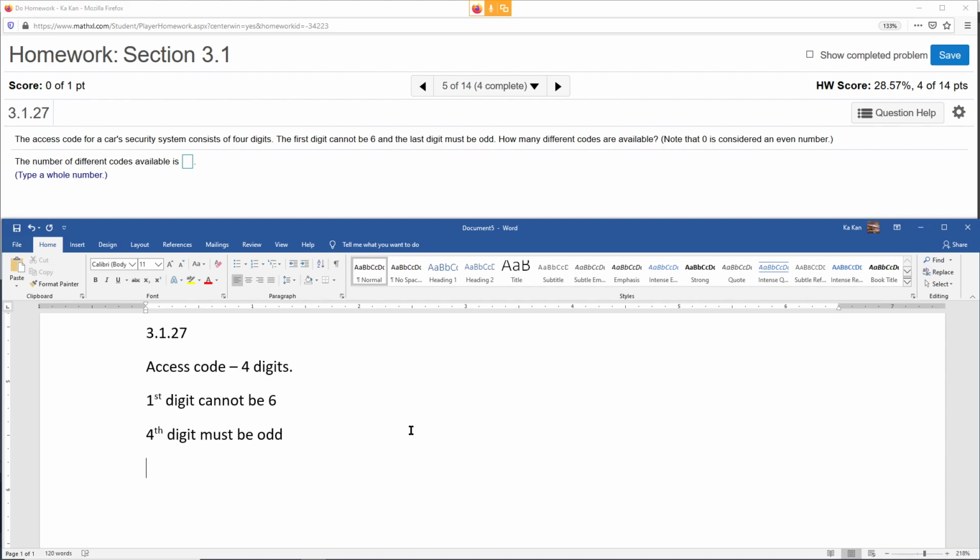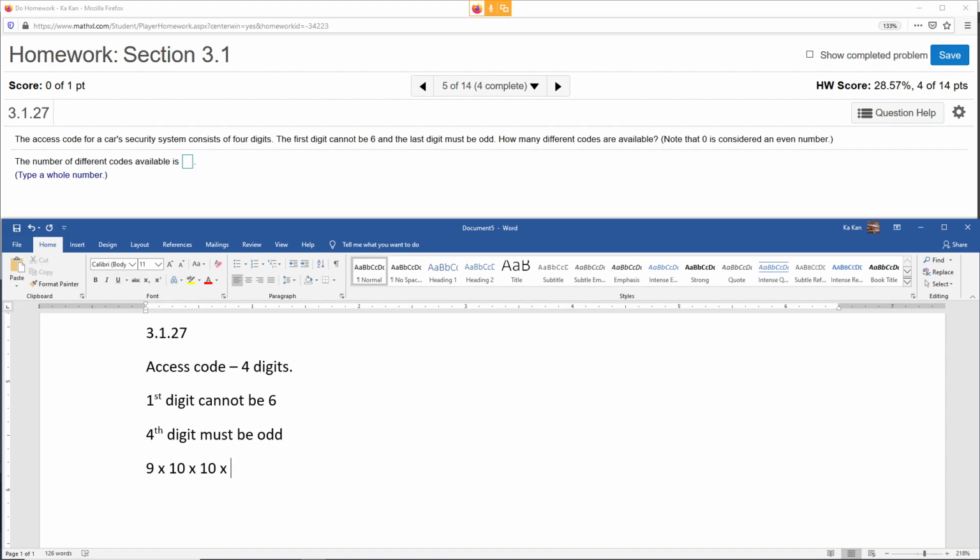Now think about how many digits you have in the universe. Look at your phone. A lot of people tell me 9, but when you dial your phone number, there's a 0. 0 is a digit. From 0 to 9, you have 10 choices altogether. So for the first digit, you have 10 choices except the 6, so you have 9 choices. For the second digit, you got 10. Third digit, 10.